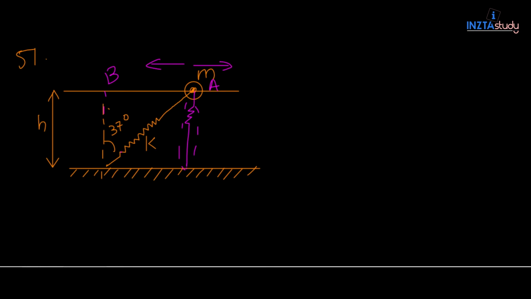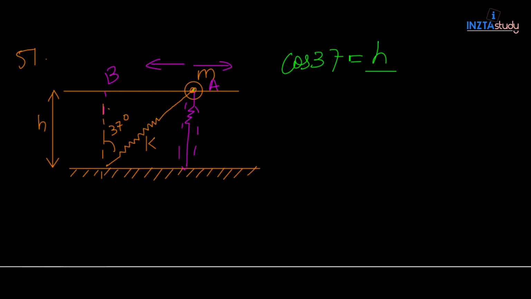Now let us put in trigonometric values. Cos 37 equals adjacent, which is h, by hypotenuse, which is the length of the spring. Natural length h is given, and we'll have to calculate the extended distance of the spring.